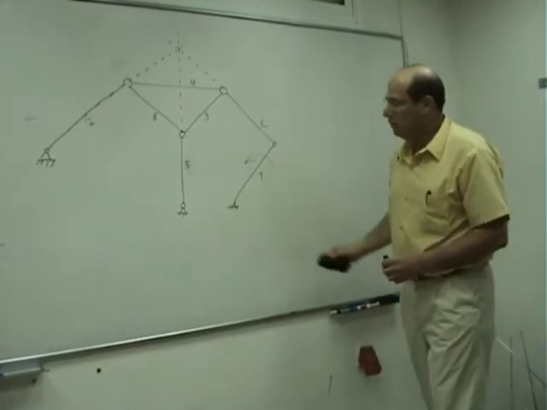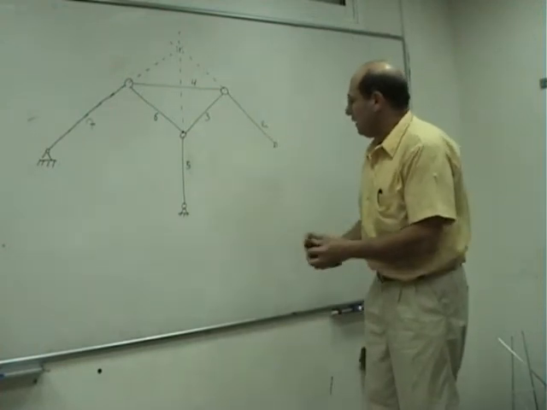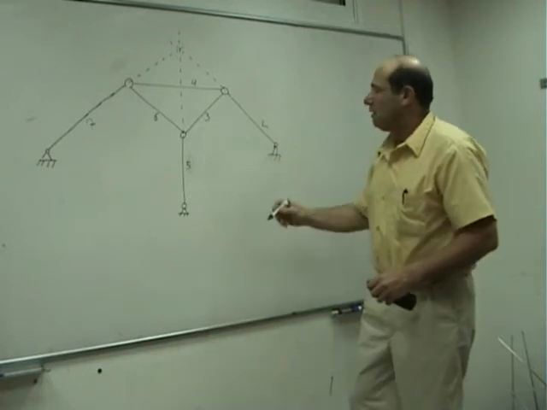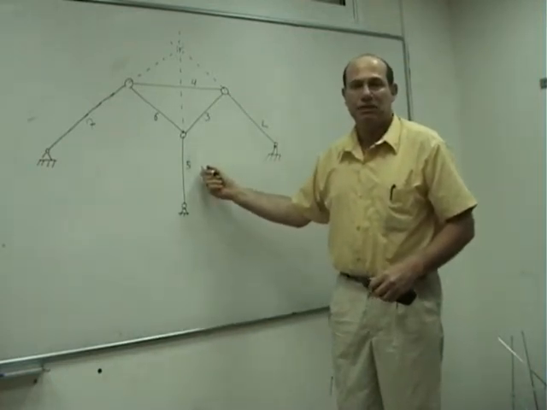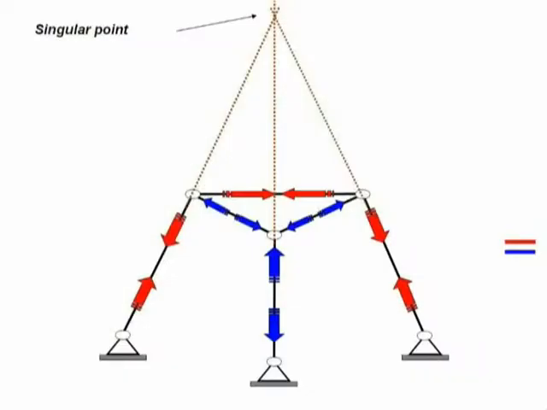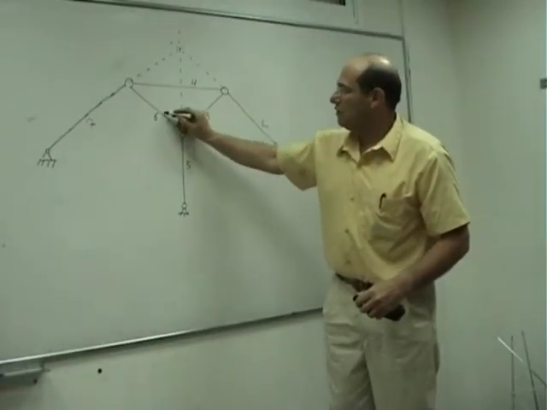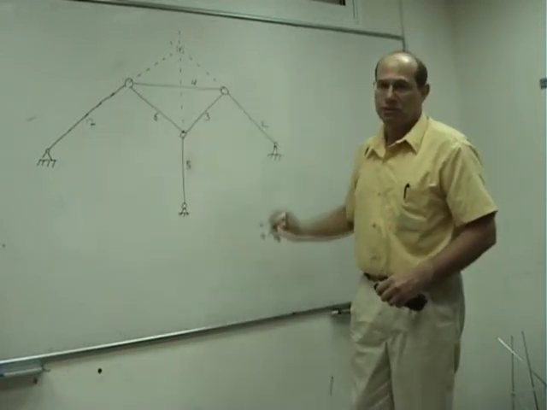How do we do it? We just remove the driving link and put here a pin joint. The resultant structure is a regular structure, but has a special property. It has internal forces. In this case, here we have compression and here we have tension forces.